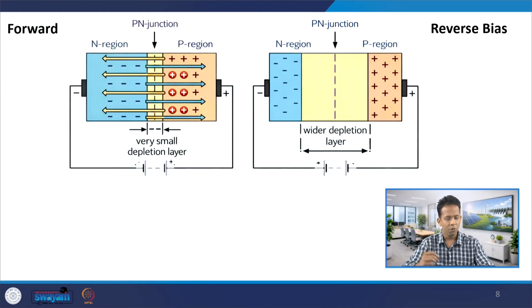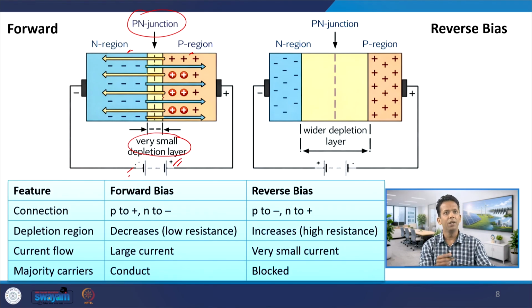So in forward bias, what happens? P-type material is connected to the positive side and N-type material is connected to the negative terminal, and the depletion layer between the two types of materials, the actual P-N junction, is very narrow. So it means the resistance is low, and if resistance is low, the flow of current is higher.